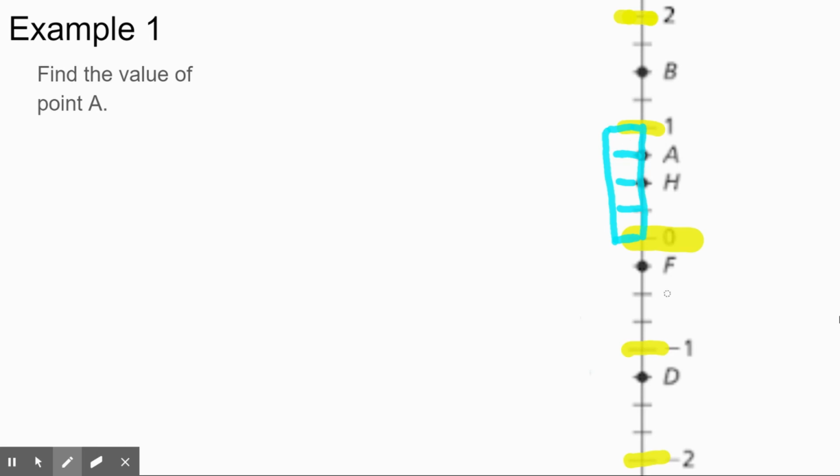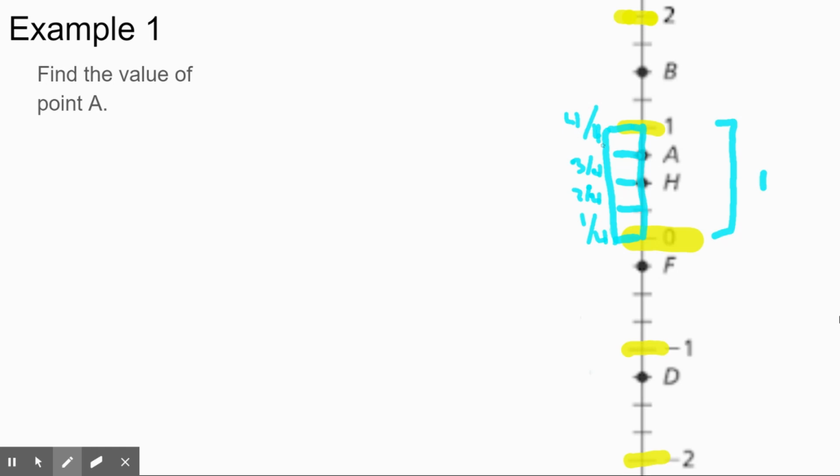And what this is showing us is that if this is one whole, this distance, each of these lines is representing a fourth, 1/4. So we have 1/4, 2/4, 3/4, and then technically 1 would be 4/4 rather. But remember that that's the same thing as one whole.